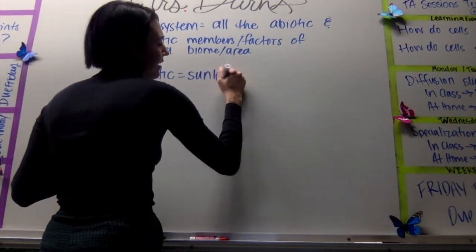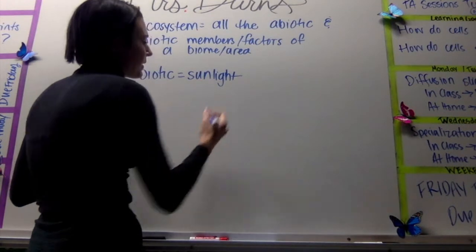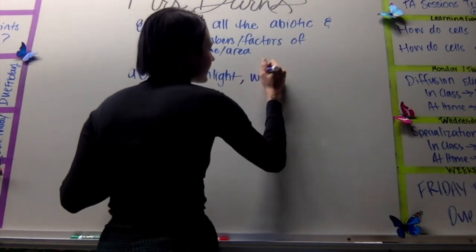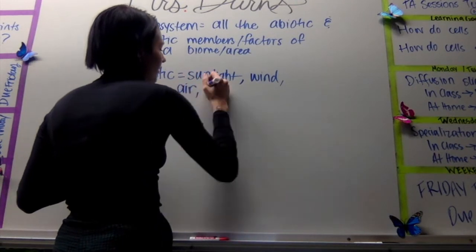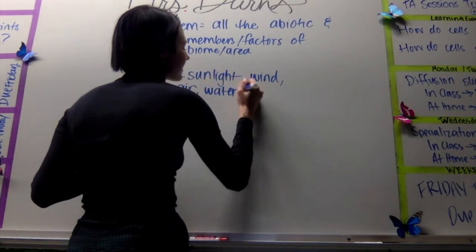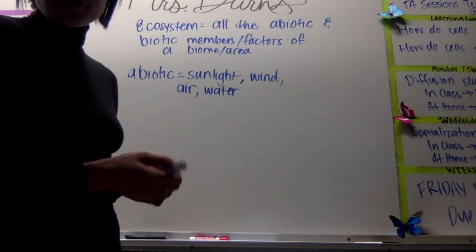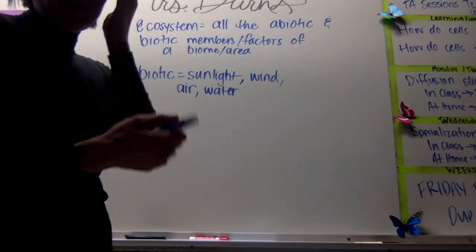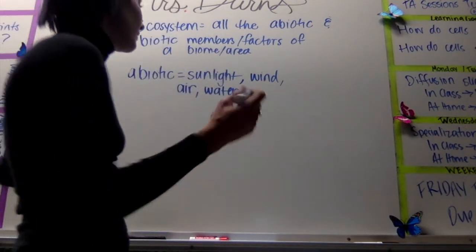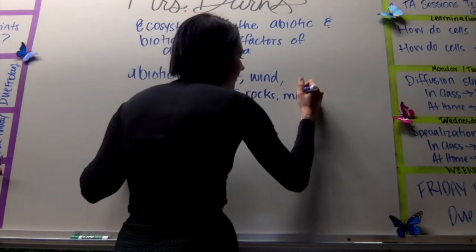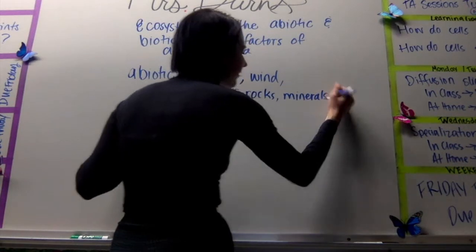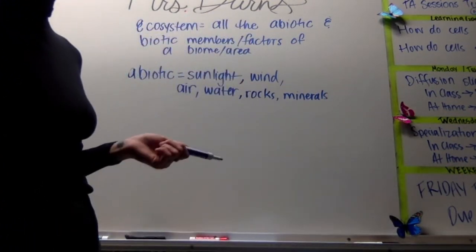The sun's not alive. Well, technically speaking. Sunlight, you could say wind, air, water, anything that's on the periodic table, for example, any of those kinds of chemicals that we might need, like rocks, minerals, anything that isn't alive. So here's some examples. It's more than 3.